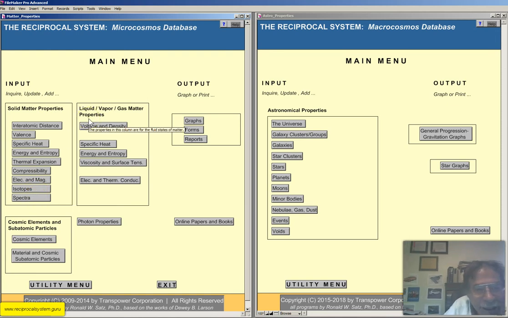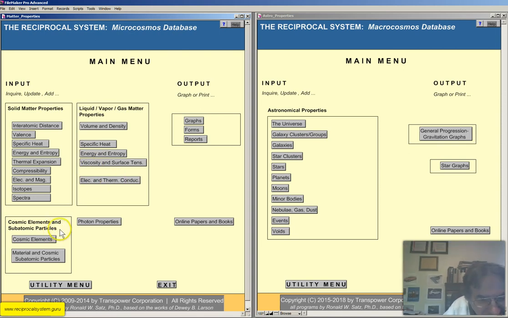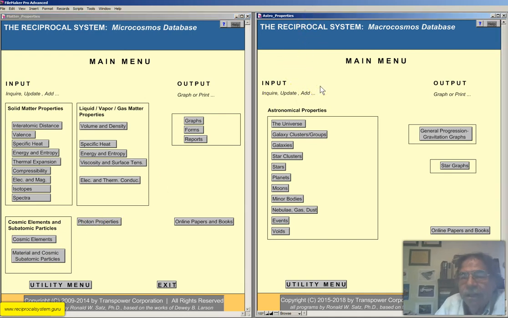The liquid vapor gas matter properties covers volume and density, specific heat, energy and entropy, which we covered today, viscosity and surface tension next week, electrical and thermal conductivity. And it also includes cosmic elements and subatomic particles, including material and cosmic subatomic particles, and of course photon properties. Over here on this side we have the Macrocosmos database, which I've covered in screencasts before.